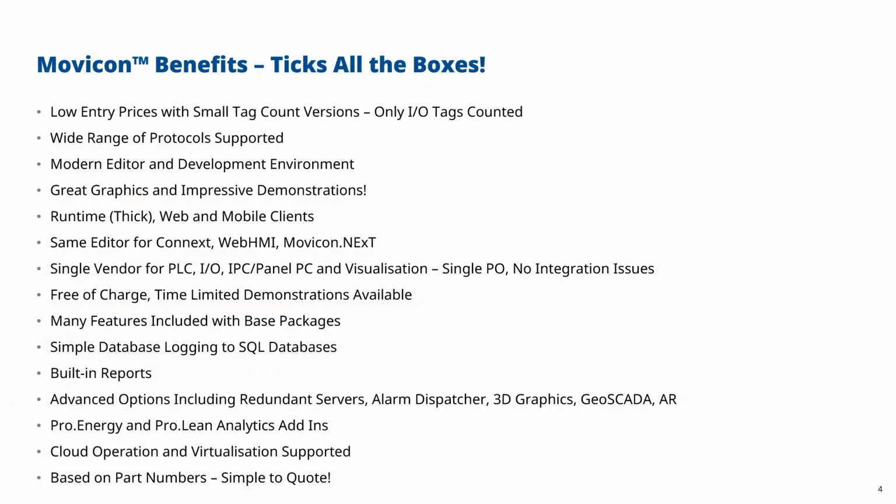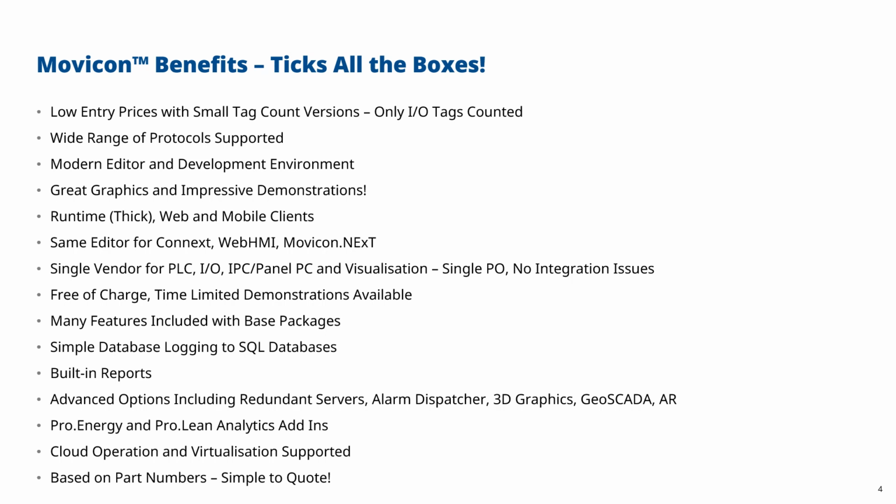Now, Movicon covers a wide range of features and benefits, and it allows us to tick all the boxes when we are implementing applications. So we've got low entry prices with small tag count versions. An important thing to note there is we only count IO tags. So if it's data coming from a PLC, we count it, but if it's an internal value, it's not counted.